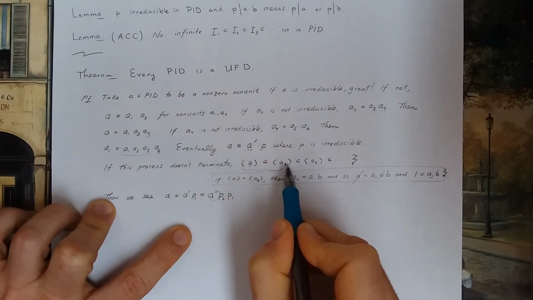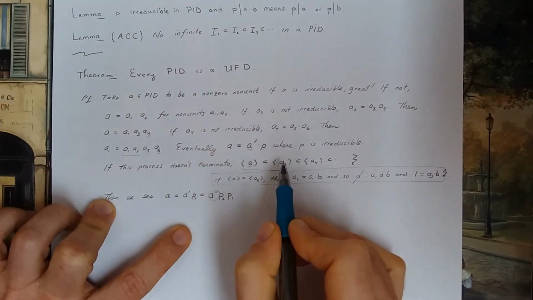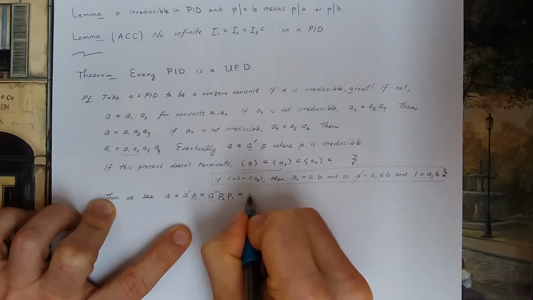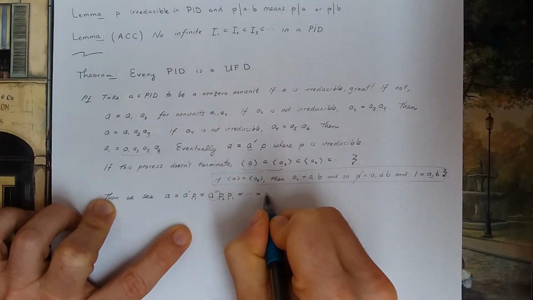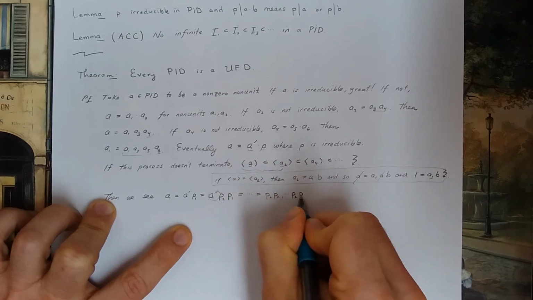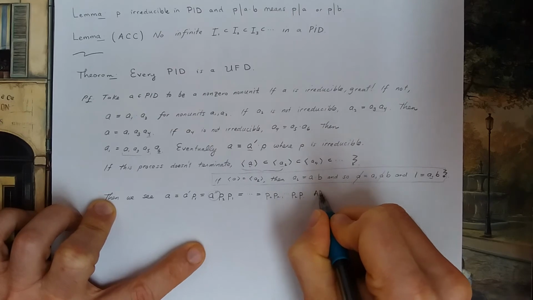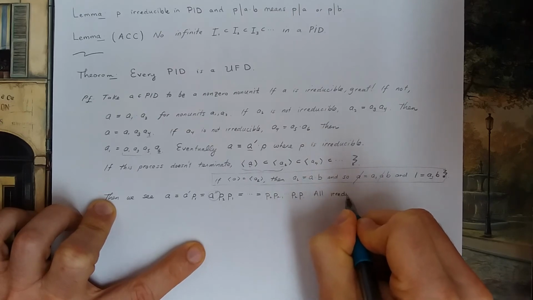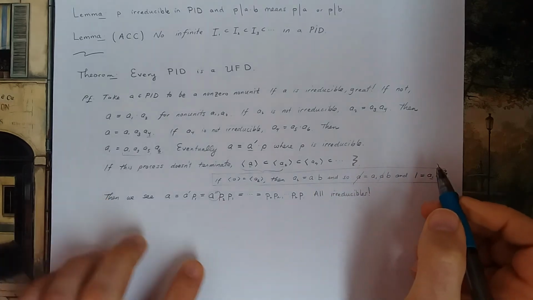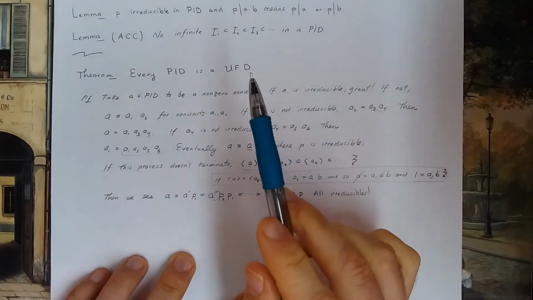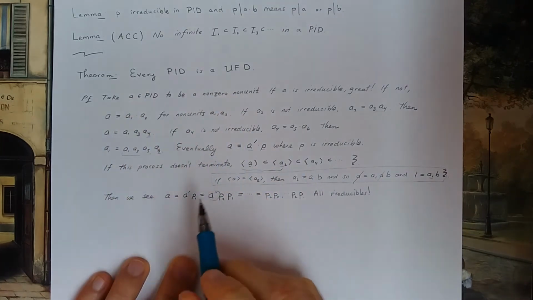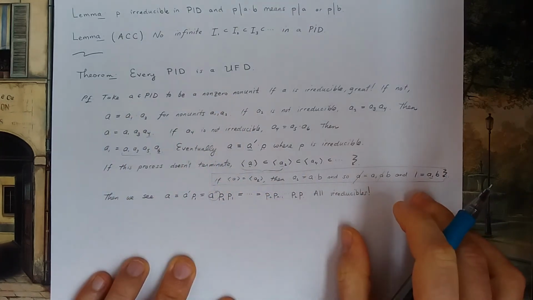For the same reason that our original process must terminate, this process must terminate too. So we keep doing this until we eventually get Pn times Pn minus 1 down to P2, P1, all irreducibles. So that proves that I could take a non-zero non-unit element and write it as a product of irreducibles.